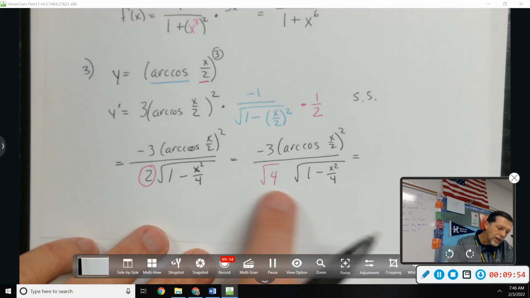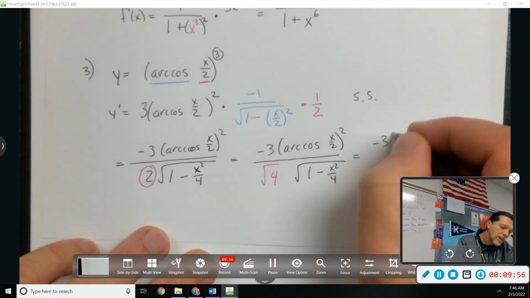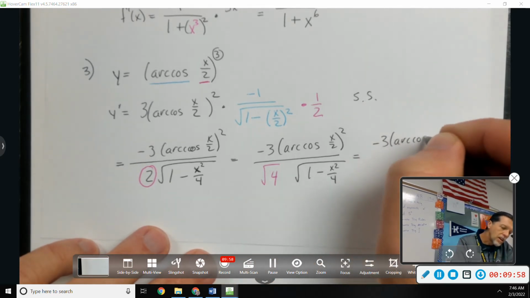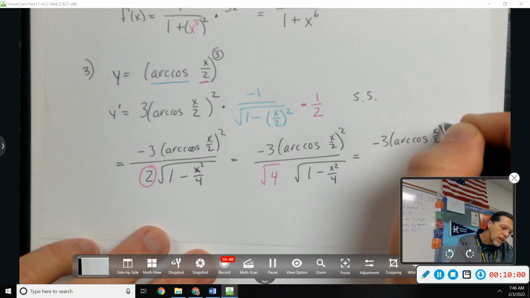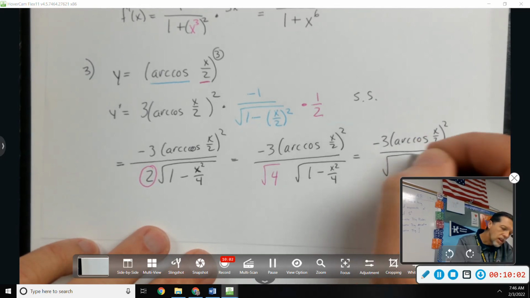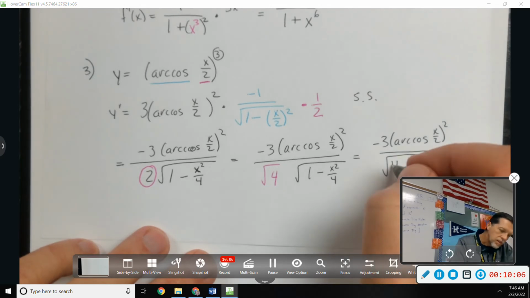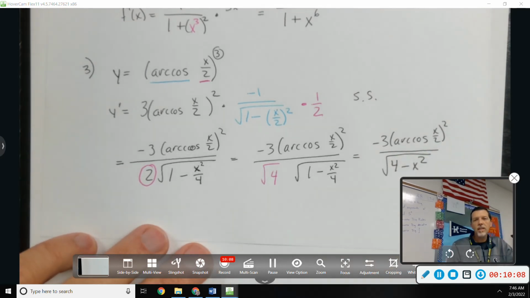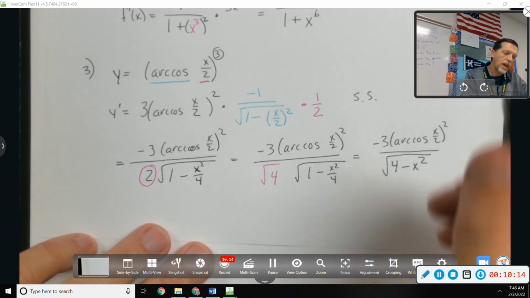And so now I can multiply that 4 into there, and get that. So the fraction went away.